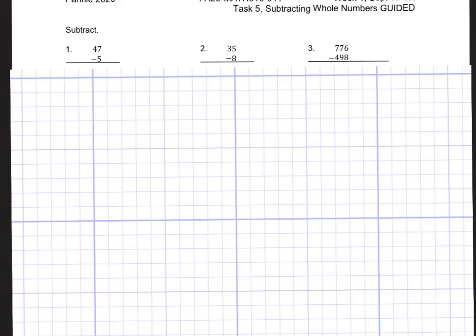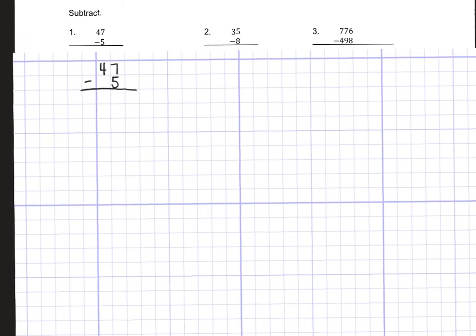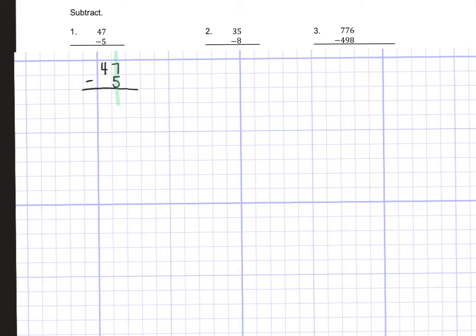So if you look at this first one, we're going to rewrite it. We have 47 and we are subtracting 5. Now, when I say this, we're not thinking about the number as a whole. So we're not saying that you as a person have $47. We have to separate it, and we have to think about only one place value starting with the right.